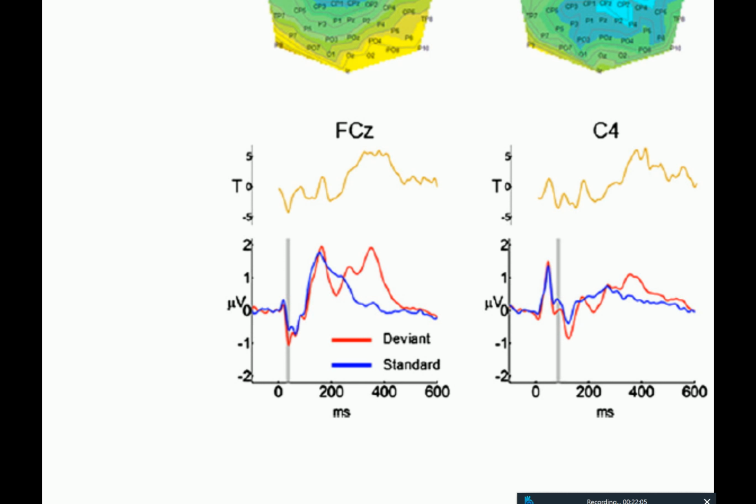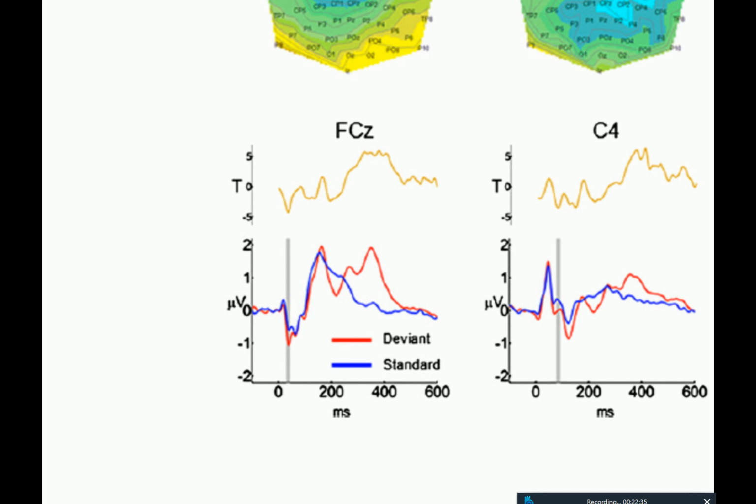A better way to represent this is to show the high amplitudes in the context of being a standard and in the context of being a deviant, and the same for the low amplitude stimuli, because the response to the high amplitude stimulus is of course larger, irrespective of whether it's a deviant or standard. The response is higher than to the low amplitude stimulus.